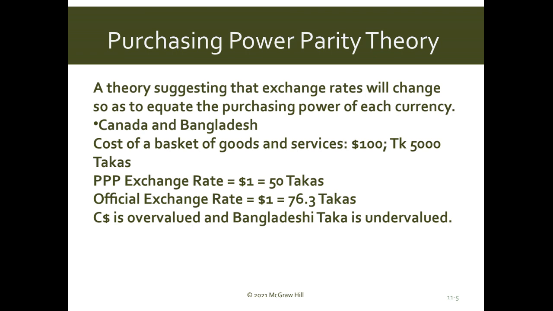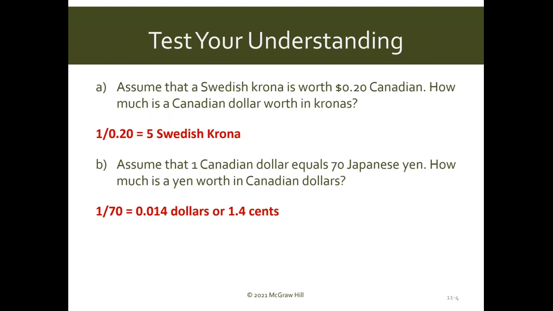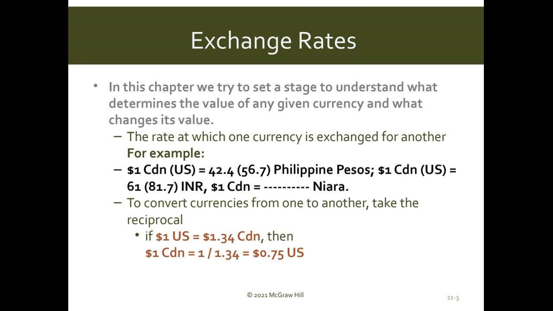Now, so far we talked about exchange rate. The examples that I gave you, that 1 Canadian dollar is 42.4 pesos or 61 INR, and 1 Canadian dollar is around 585 Nairas, these exchange rates are official exchange rates.